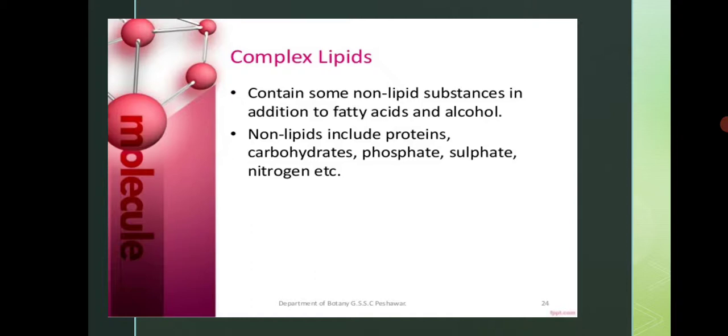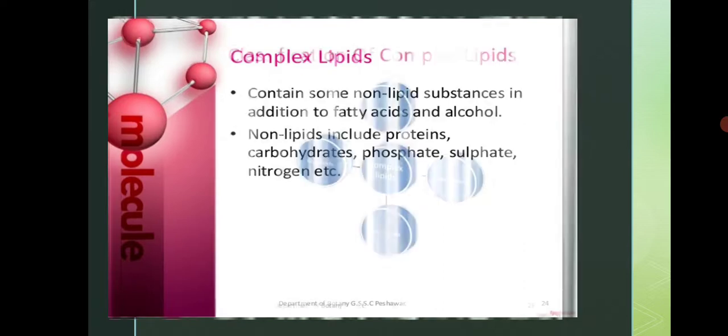So yes, simple lipids, we have shown, are divided into two groups: fats and wax. Complex lipids, or compound lipids, contain the fatty acids and alcohol, but apart from fatty acids and alcohol, there is an additional group like phosphate, sulfate, nitrogen, or carbohydrate or protein.